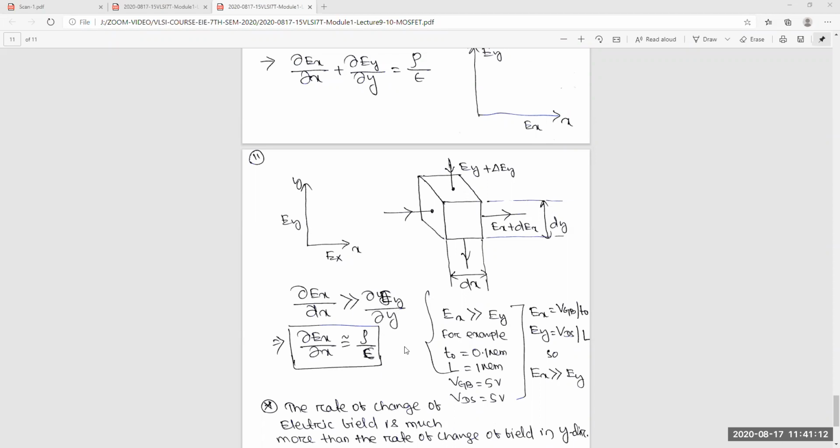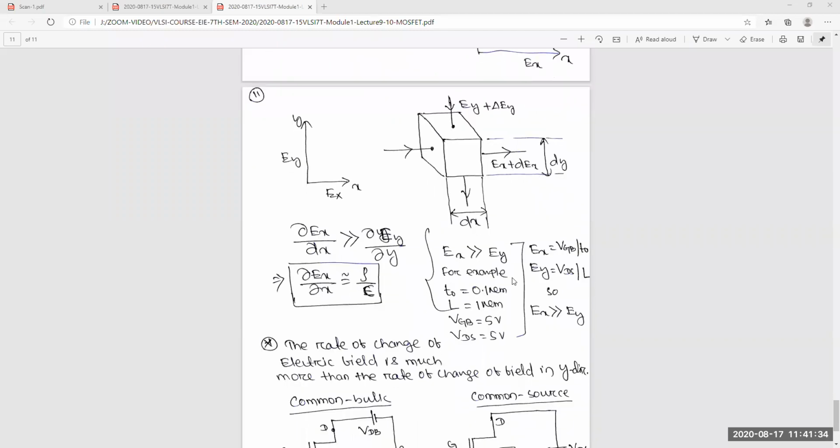We have taken a lot of assumptions: we discard hole transport, hole continuity, and the y direction electric field in Gauss's law. By using these three equations, we will derive our ID-VDS curve.